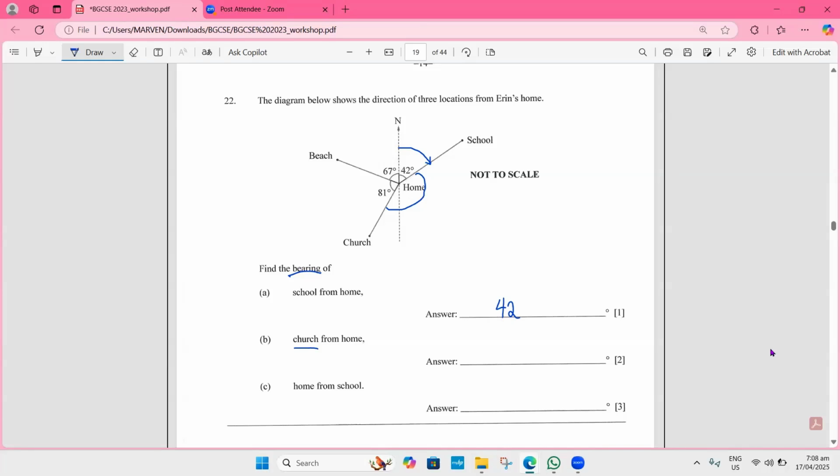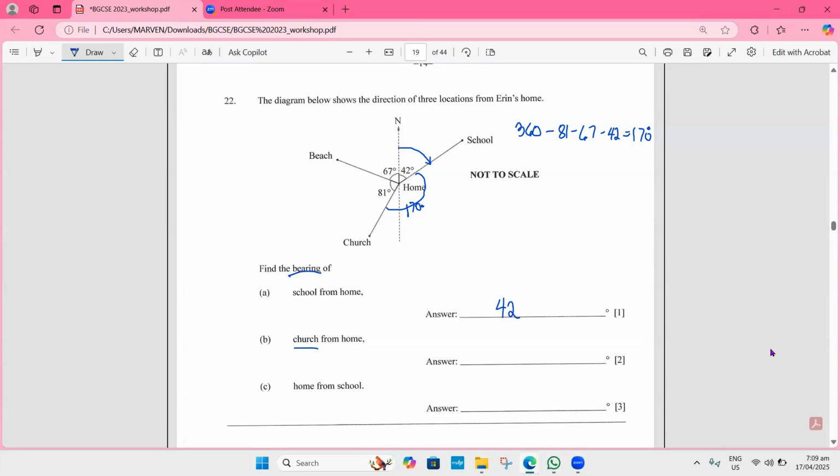So if you have 81, 67, and 42, to get the measure of this angle you're going to subtract from 360 all these numbers: minus 81, minus 67, and then minus 42. That will give you the measure of this angle, and it is equal to 170 degrees, correct? So this is 170 degrees.